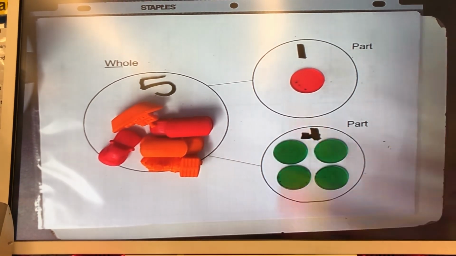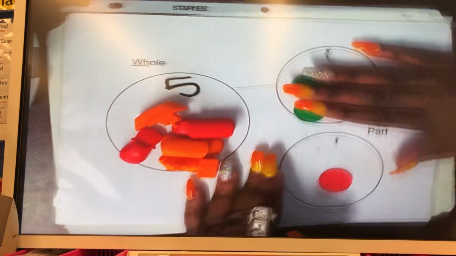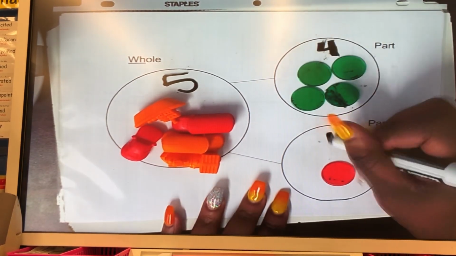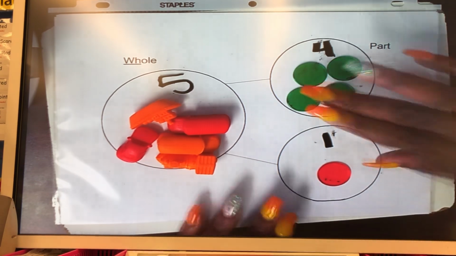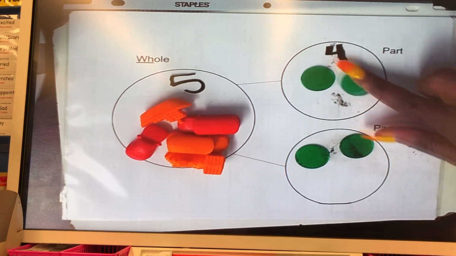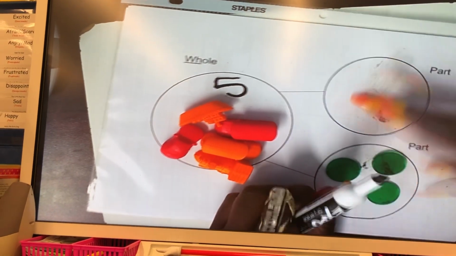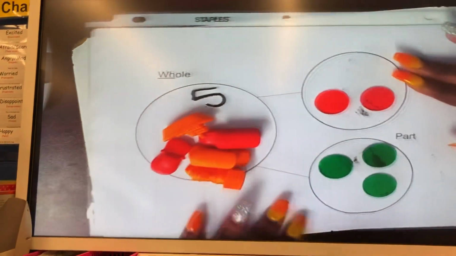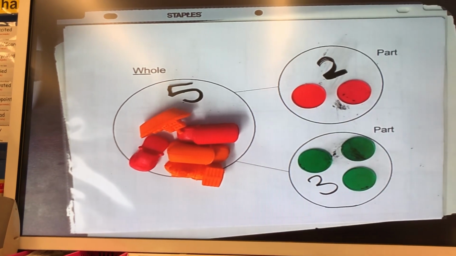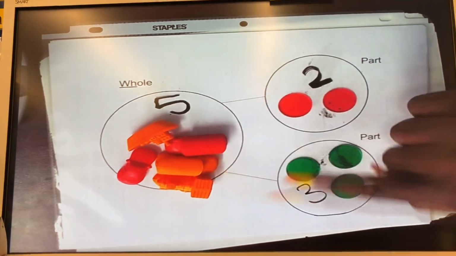Maybe you did it like this, where you said 4 and 1, or maybe you did it like this: 3 and 2. So there are different ways that we can make 5, and I can use my pictures and my objects to help me.